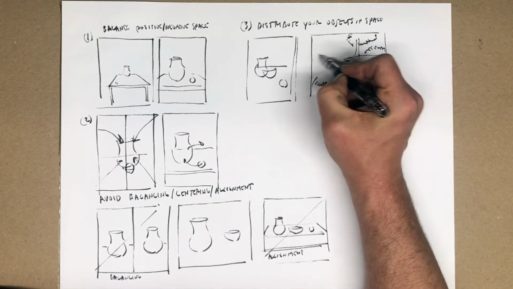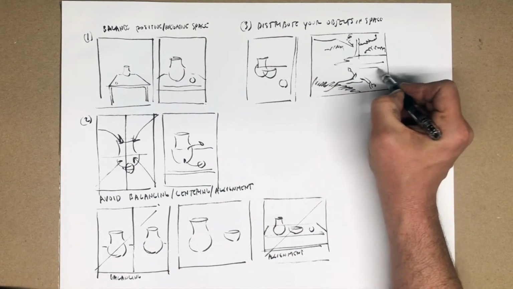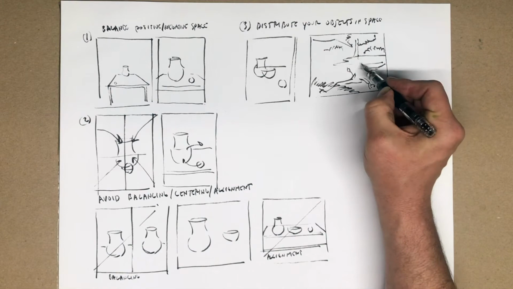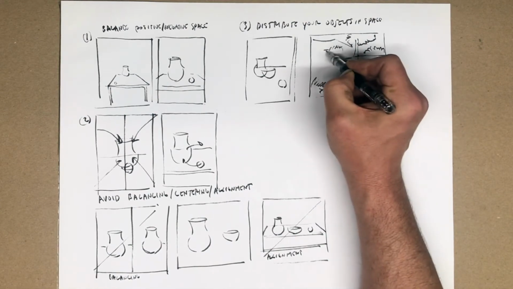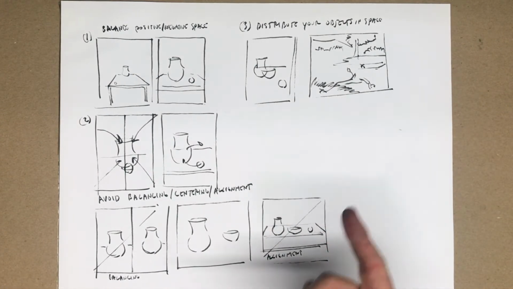And something in the background, some kind of trees, maybe mountains. I'm distributing my objects, so I've got a foreground, middle ground, and some kind of background. Right? So it applies to still life, applies to landscape just as well. Distribute your objects in space. Okay, so those are the first two rules.